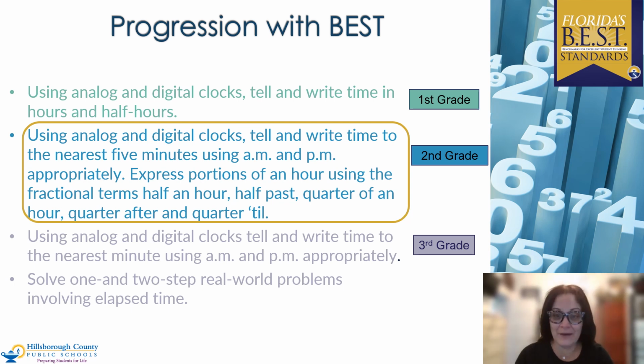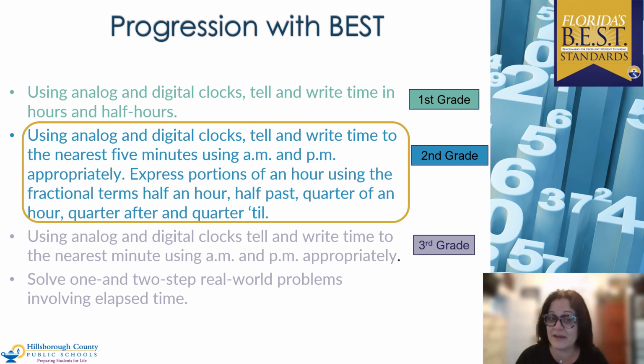Welcome back. I hope that you found that previous task to be beneficial and that you can use that to support your students' understanding of telling time on a clock. The number line is a great tool for that. Here you can see the progression of our benchmarks. Our students have had some experience with telling time, but only to the hour and half hour. In second grade now, they will be expressing time using fractional terms such as quarter of an hour, quarter after, and quarter till.